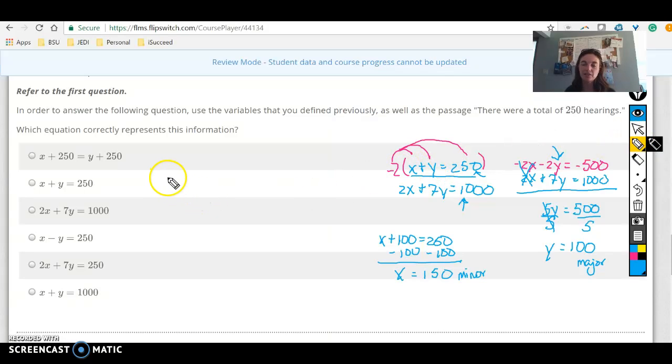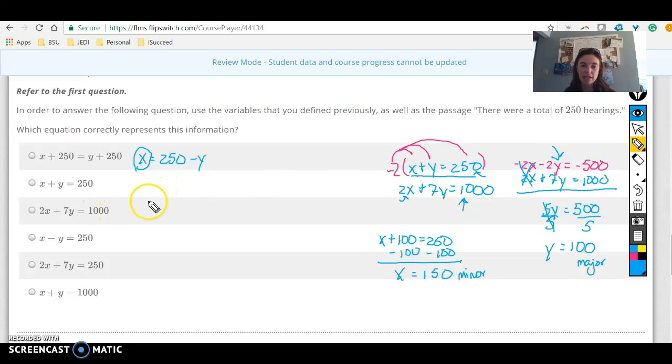Remember the other thing that I could do here, and I'm just going to show you to prove that you could do it either way, is substitution. So I am going to rewrite this. I'm going to say that x equals 250 minus y, and then I'm going to substitute that in for x right here.